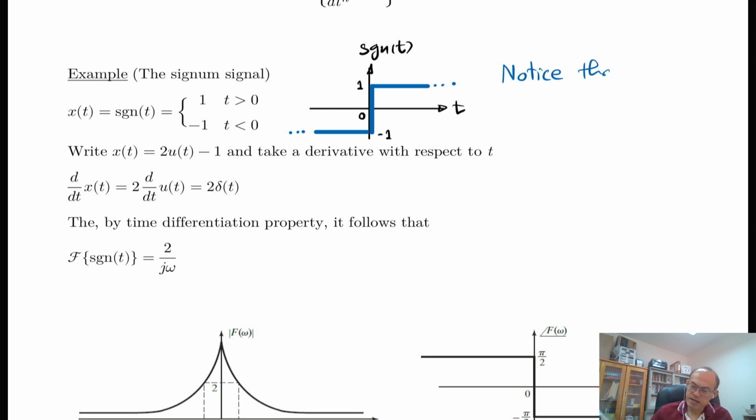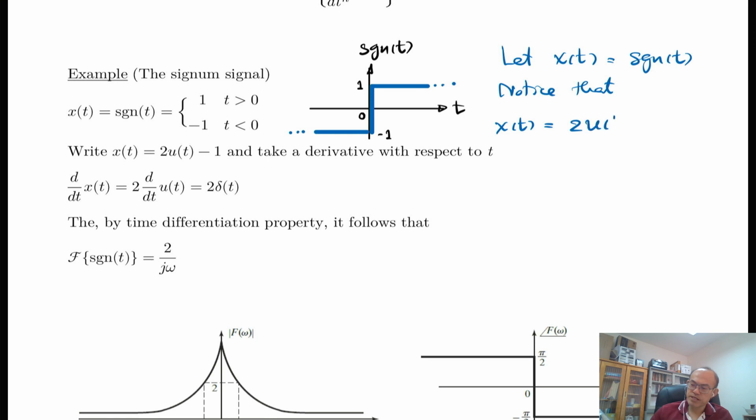Okay, so let x be the signal. We notice that x(t) is 2u(t) minus 1. Now, why is that so? Because you see the height of the signal is 2. It jumps from -1 to 1, so it jumps 2 units up.